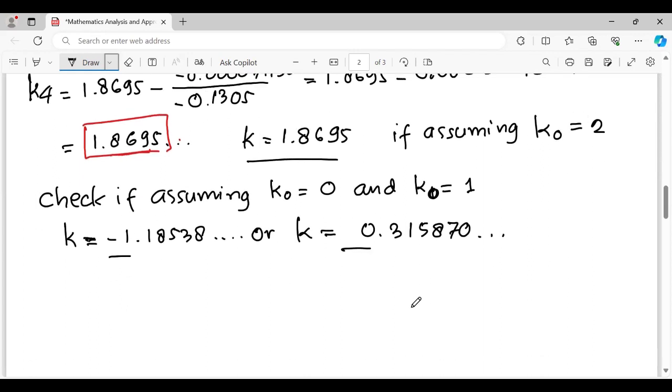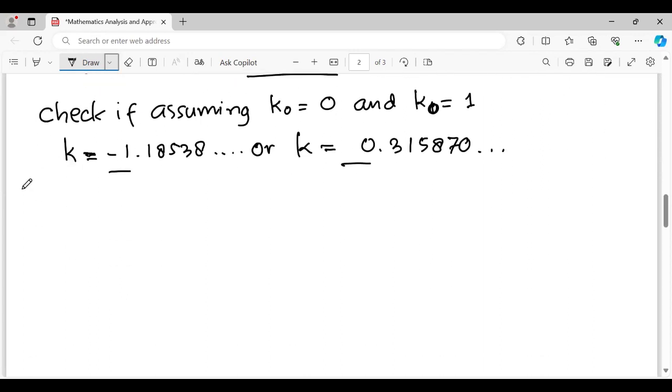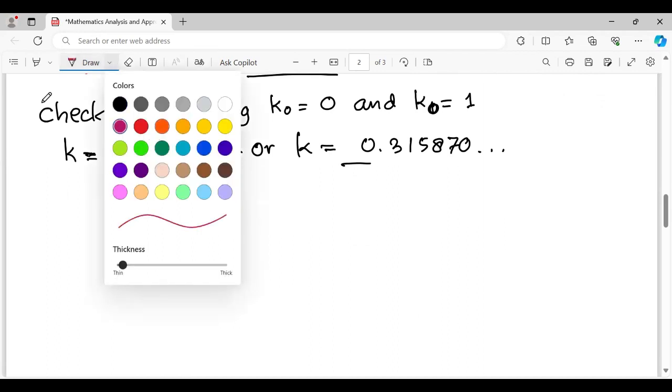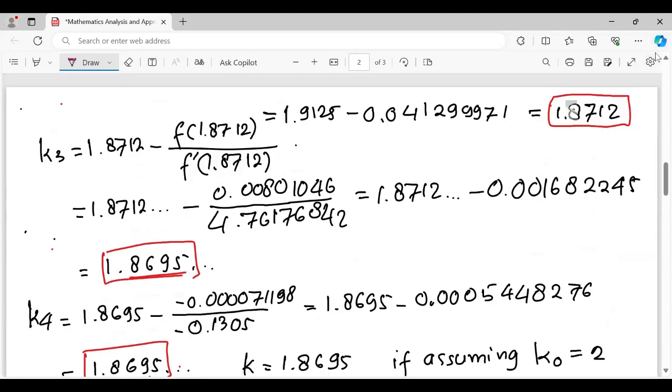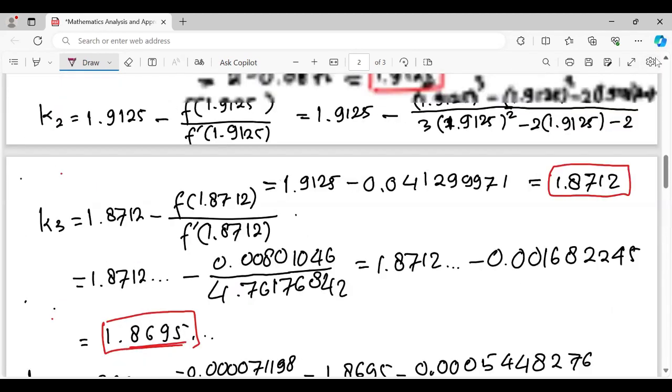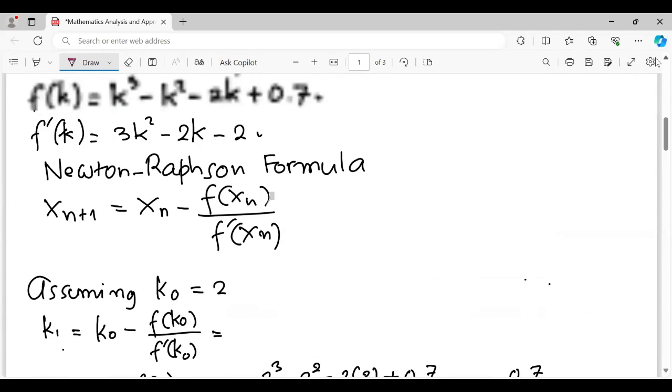Okay. Now we're going to determine A. I'm going to use a different color, based on the formula A equals 1 minus K squared minus K cubed. I'm going to show you this formula.